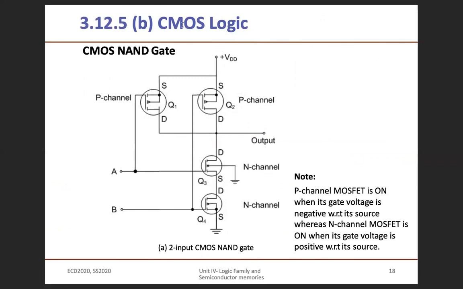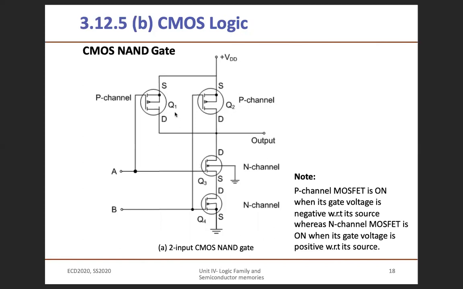Now you have CMOS. So far we have looked into NMOS. Now we are going to focus on CMOS. As I said, CMOS is the mixture of both P channel and N channel, so in CMOS we have both P and N. If you look over here, this is the circuit diagram of the CMOS NAND gate.